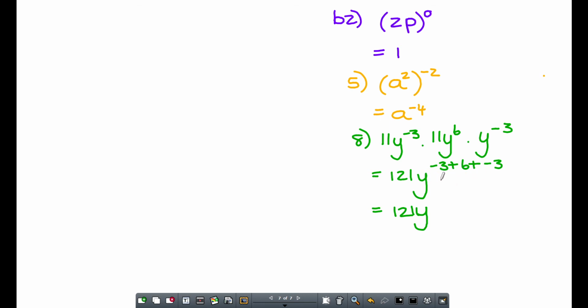So, I've got minus 3 plus 6, which gives me 3, and then minus 3, which gives me 0. En a tot die mag 0 is 1, so jou finale antwoord is net 121. Who got that one? Good.